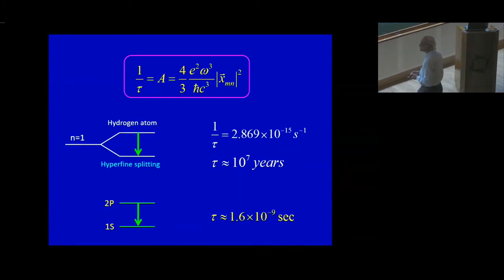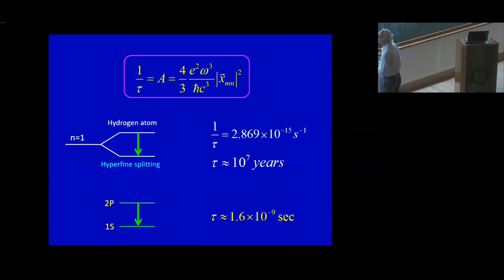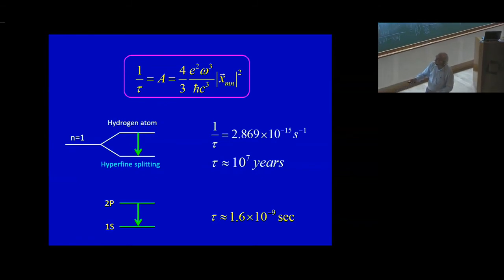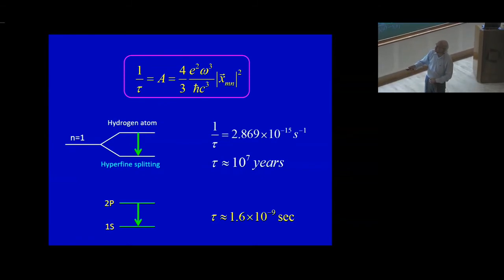The first case that I want to take is the energy level 2p and 1s of a hydrogen atom. This is n equal to 2, this is n equal to 1. Now, you can calculate the oscillator strength because you know the wave function of this level and wave function of this level, and therefore you can calculate the Einstein coefficient A, which is the dimension of second to the power minus 1, or the reciprocal of the lifetime.